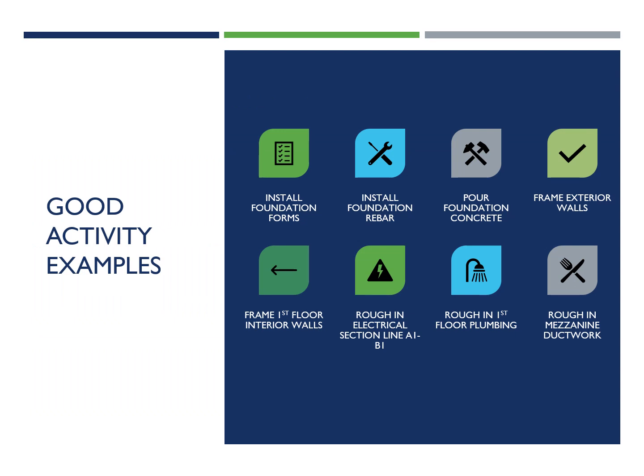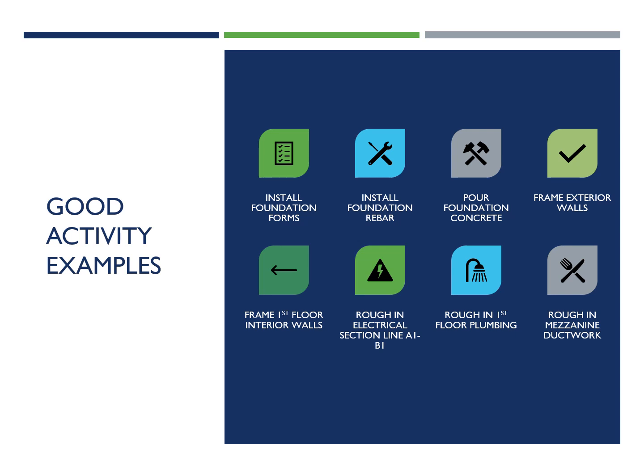Here are some examples of good activities. Install foundation forms. Install foundation rebar. Pour foundation concrete. That does a good job of describing the task. It breaks down FRP into 3 separate activities, just like what we're looking for. Frame exterior walls. Frame first floor interior walls.